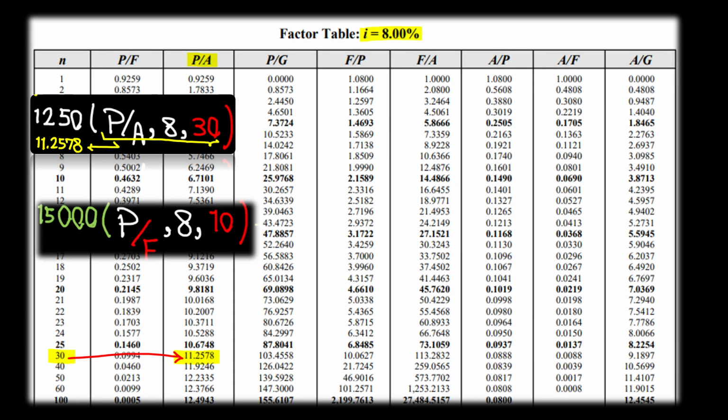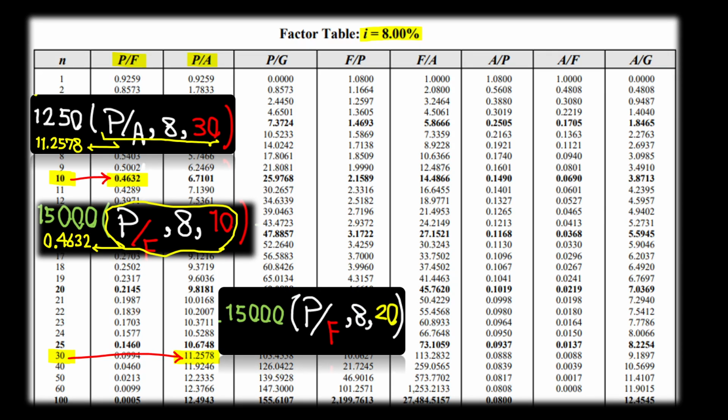Then the other one is 15,000 times the present from future factor for 8% and a duration of 10 years. If we look at the present over future column for 10 years, it gives us a coefficient of 0.4632, multiplied by 15,000. And the last one is the 15,000 which repeats at 20 years.